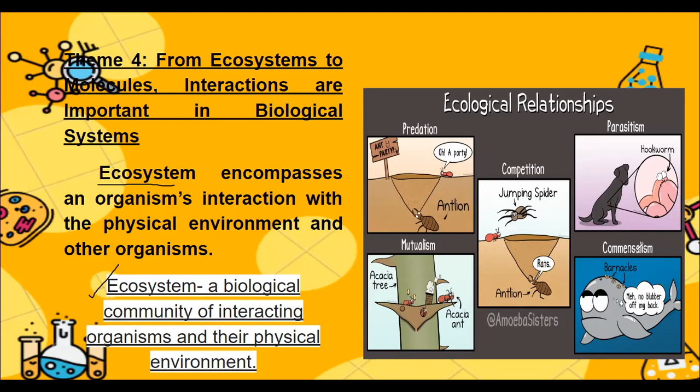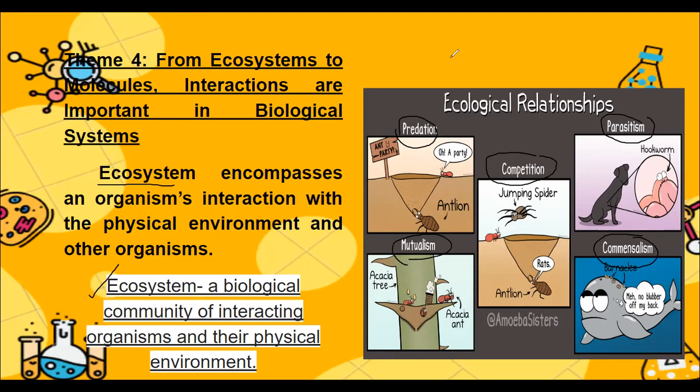So we have the predation, ayan. So the predation. Next, the competition. Okay, nagkakaroon din ng competition. Then next, the parasitism. Ayan. Commensalism. And we have the mutualism. So those are the ecological process or the ecological relationships.